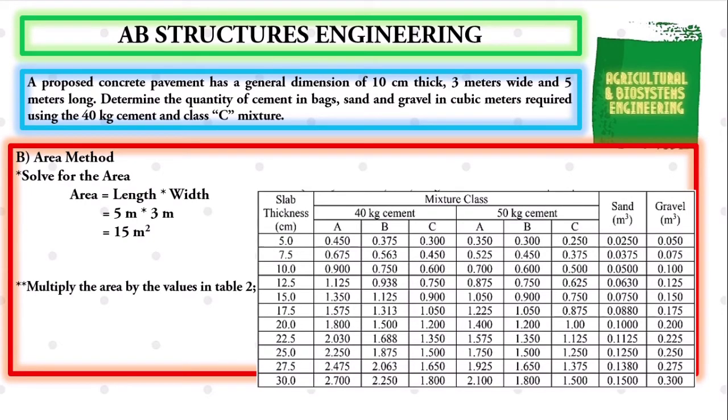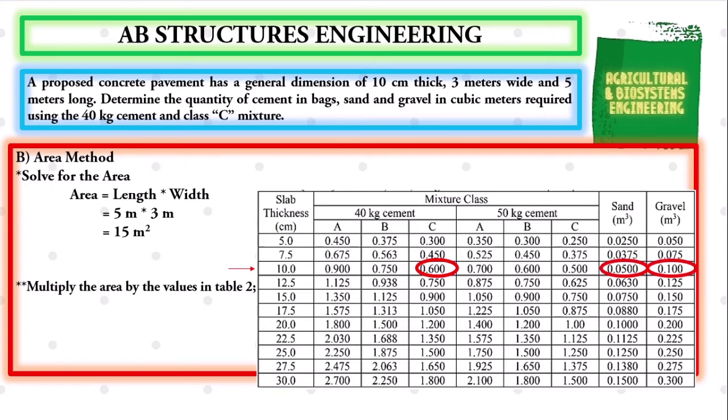In area method, we simply use the thickness given, together with the mass of cement and class of mixture given in our problem. Again, our problem states a 10 centimeters thickness, Class C mixture and 40 kilograms cement. With these, you can see in our table that I encircled the values under these requirements.